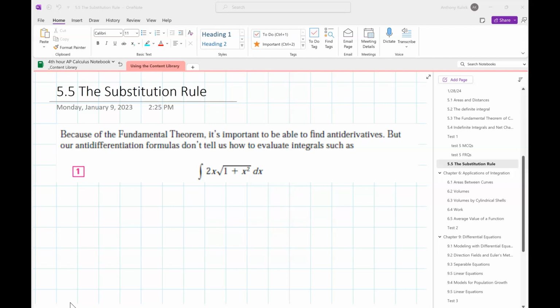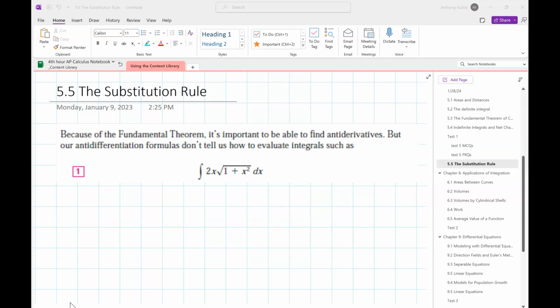I could integrate the square root of x, but I don't have any antiderivative rules to handle a function times a function or a function nested inside of another function, right? So what do I do with this? Seems like we're stuck, like there's nothing we can do.